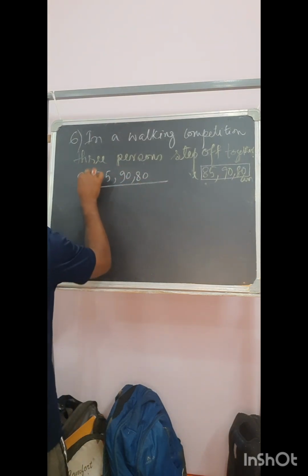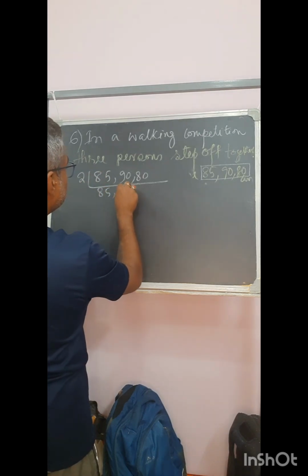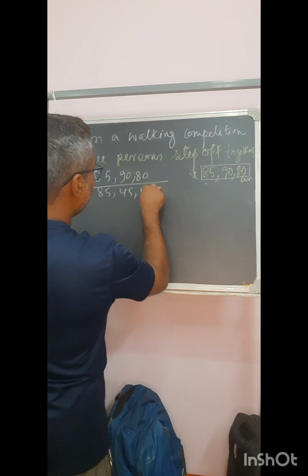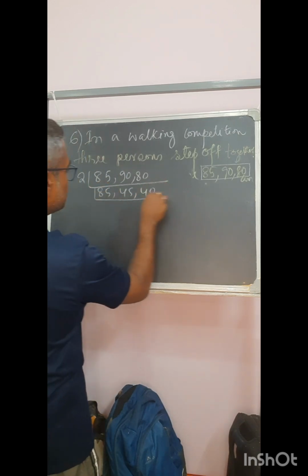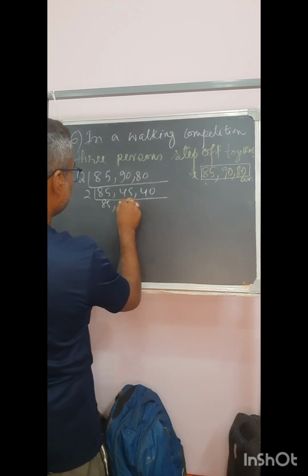I will start with the prime number 2, which will save my time also. 85, 90, 80, because 2 divides at the end, so it is better to start with 2. There is no harm in starting with 2.